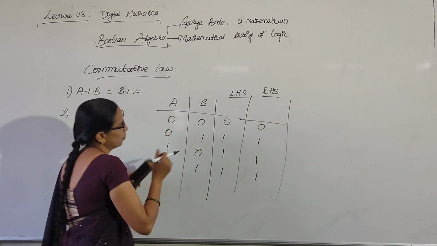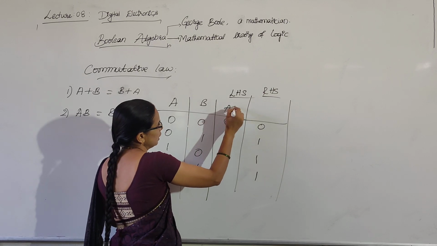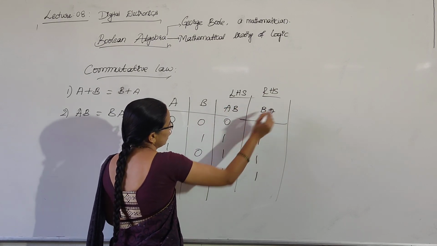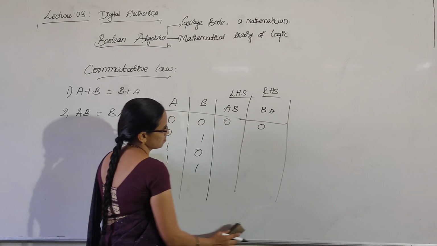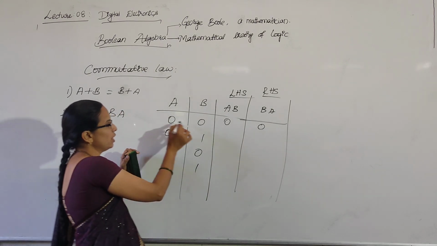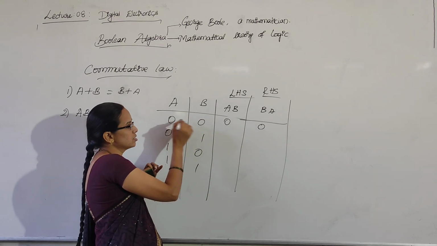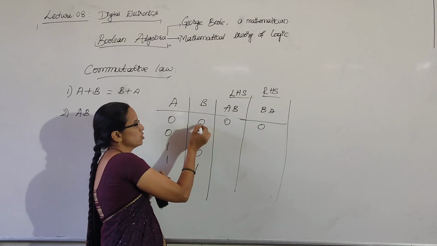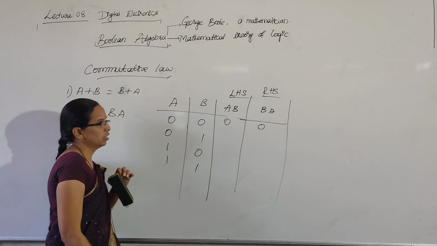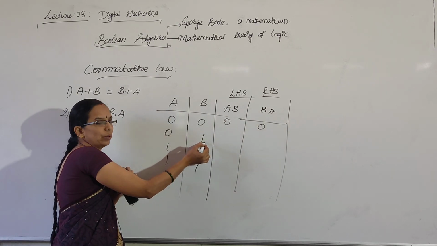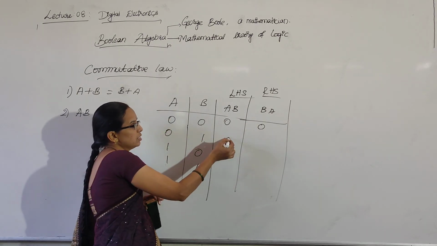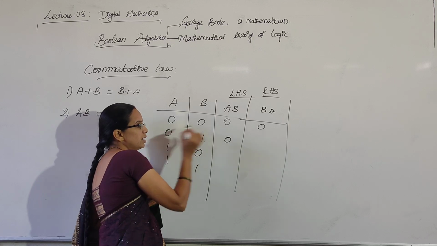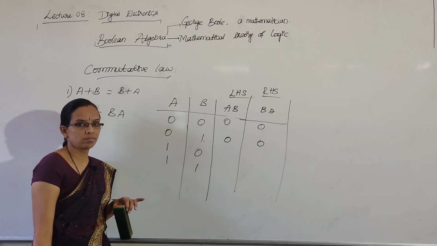The second law is AB equals BA. 0 and 0 in your AND operation is 0, and again B is also 0, so 0 and 0 is 0. If A is equal to 0 and B is equal to 1, 0 and 1 is 0, and 1 and 0 is also 0.